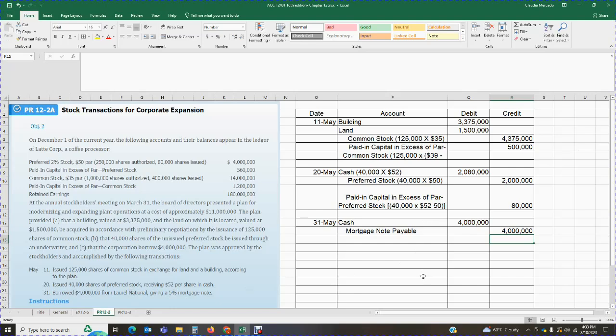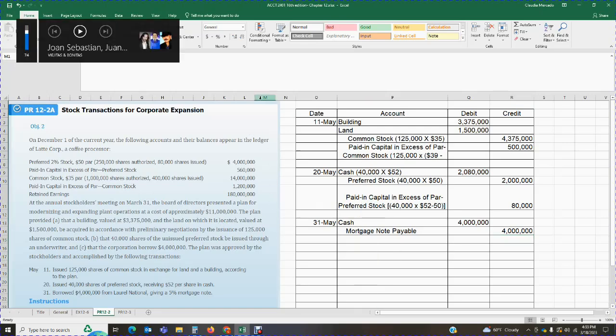Remember, if they are issued at a higher price than the par value, then those people are paying a premium for those stocks, and we have to make sure that we account for that separately.